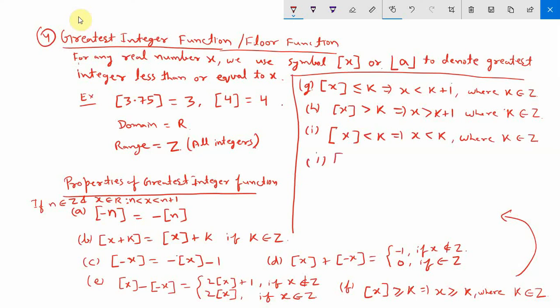Next one is the greatest integer function of x plus y equal to the greatest integer function of x plus the greatest integer function of y plus x minus the greatest integer function of x, for all real numbers x and y, or x, y is an element of R.